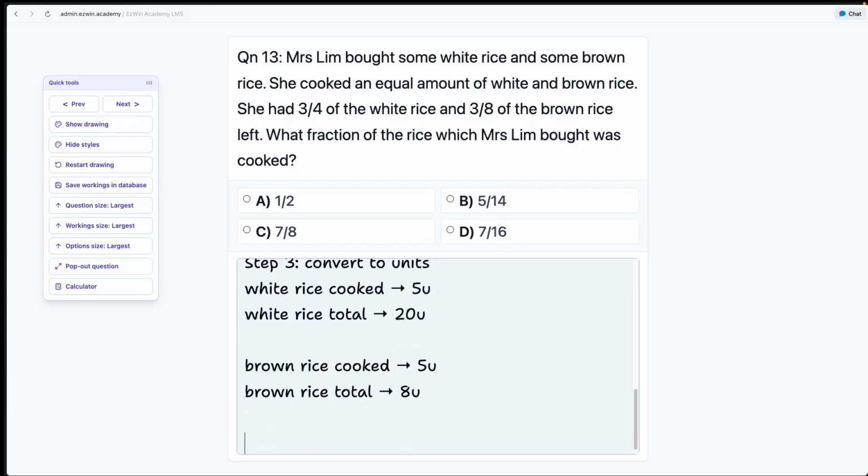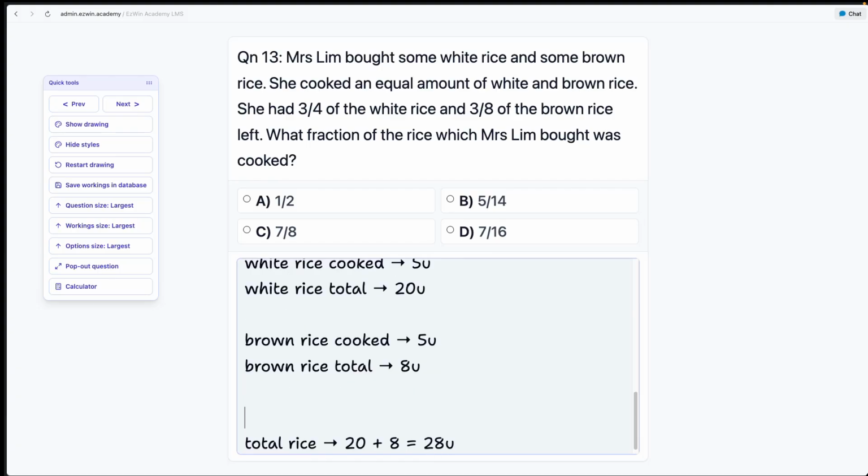So that means we need to get the fraction of the rice which Mrs. Lim bought was cooked. So total rice is equal to 20 plus 8 equal to 28 units, and total rice cooked is equal to 5 plus 5 equal to 10 units.